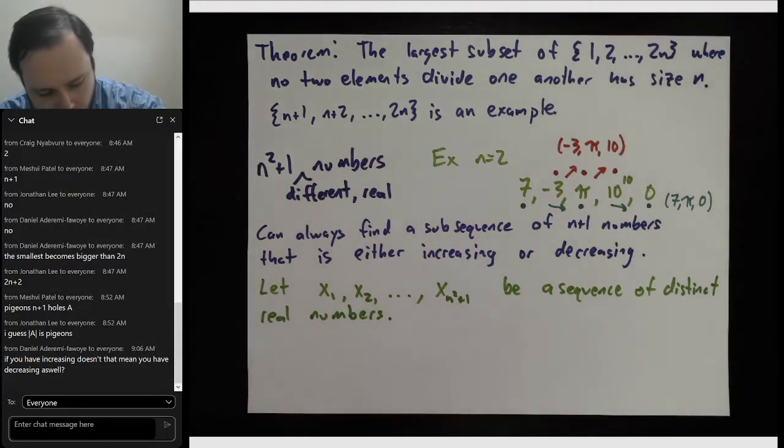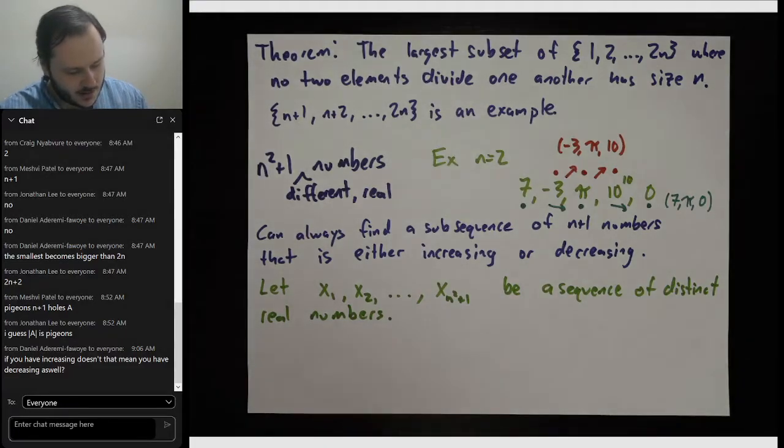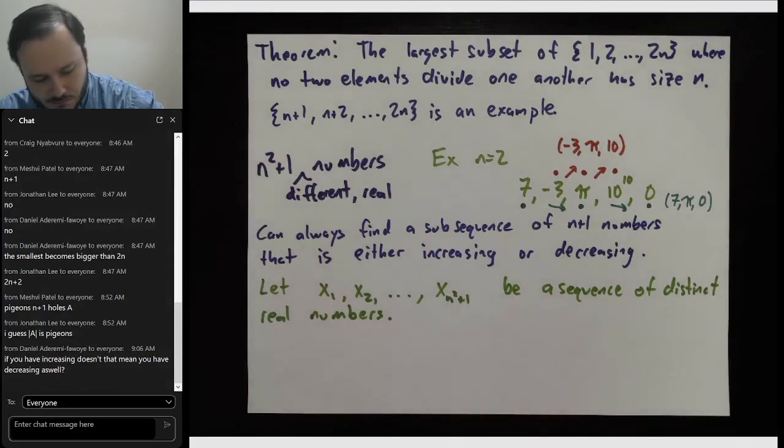And then for each value, I'm going to come up with 2 more values.